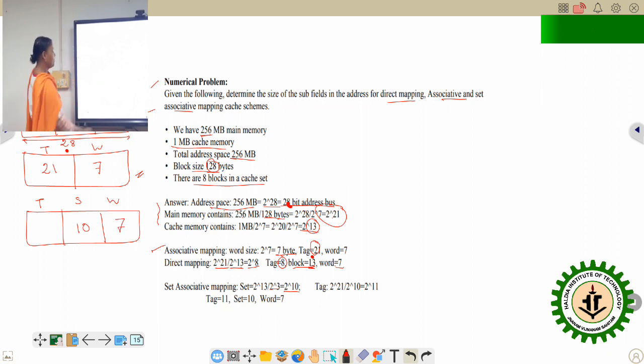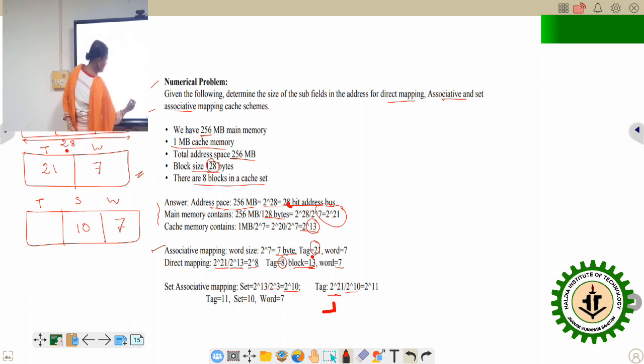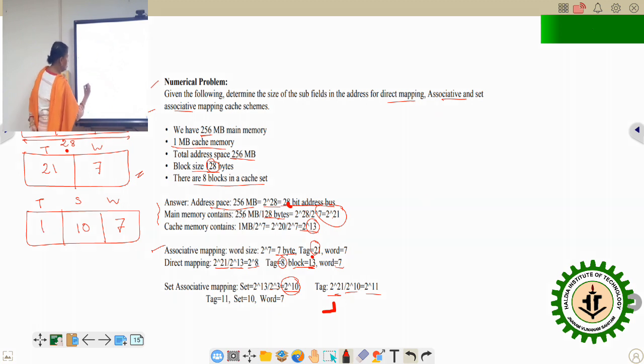And finally the tag value is main memory 2 to the power 21 divided by the set number 2 to the power 10, which returns 2 to the power 11. So the tag value is 11. Total is 28. This 28 comes from the total address bus, the size of the particular address. So this type of numerical problem also comes from this section, cache associative mapping.